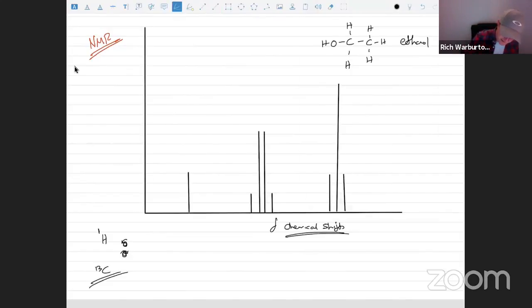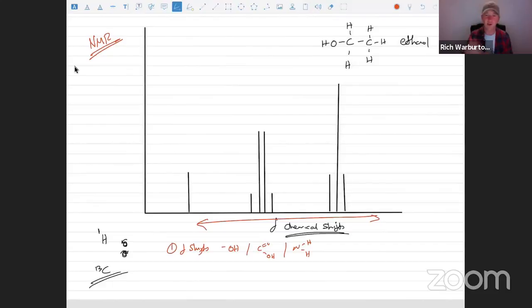The first thing you should look for is the chemical shifts in the table. That will tell you what type of hydrogen you've got, whether it's a hydrogen in an alcohol group, a carboxylic acid group, or an amine group. Where it lies on here is a really good indicator. You can look that up in your data table, and that gives you an indication.